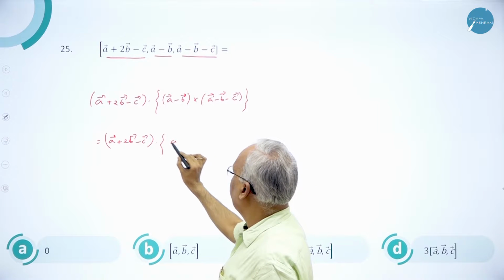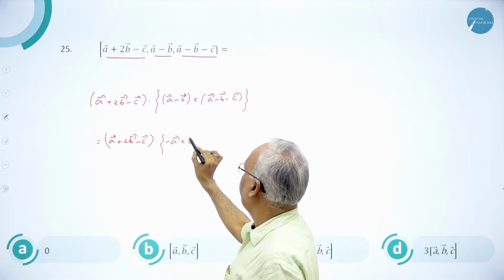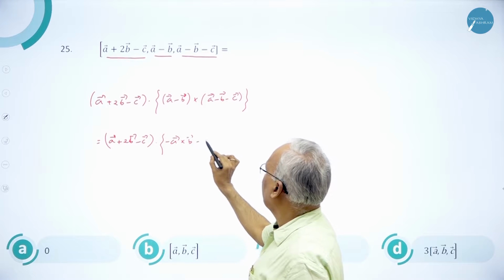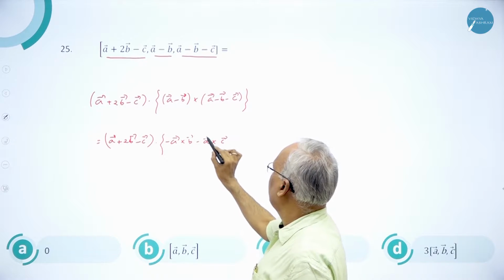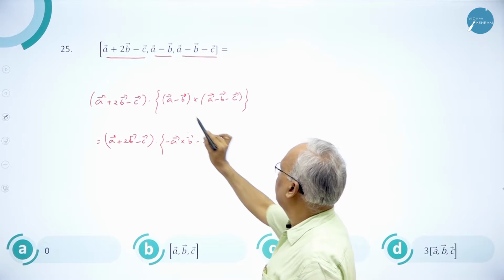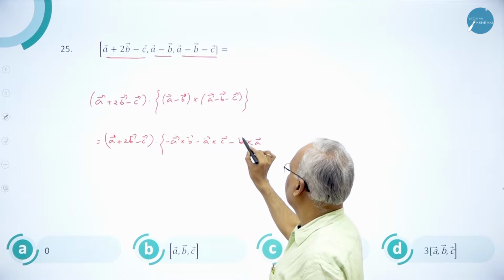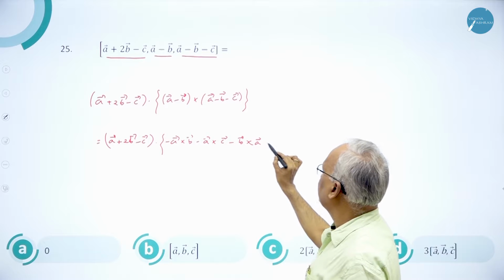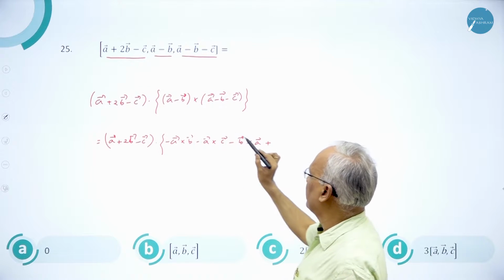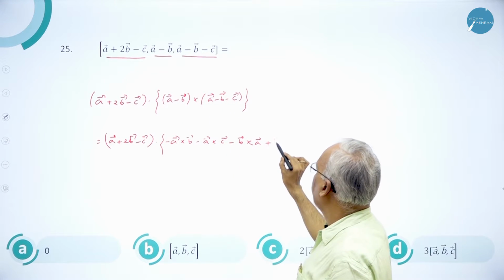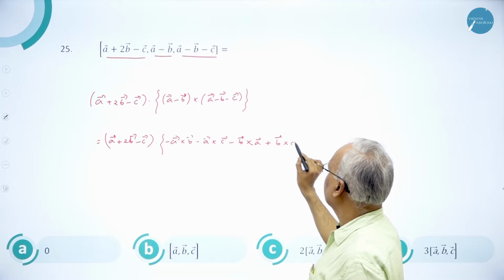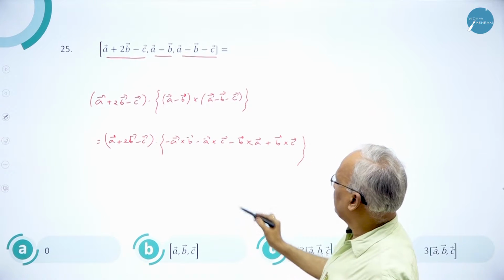minus A cross B minus A cross B minus A cross C. A cross A is 0. Next minus B cross A minus B cross A, and minus of minus plus B cross B is 0. You ignore that. Minus of minus plus B cross C. So you have these many terms.